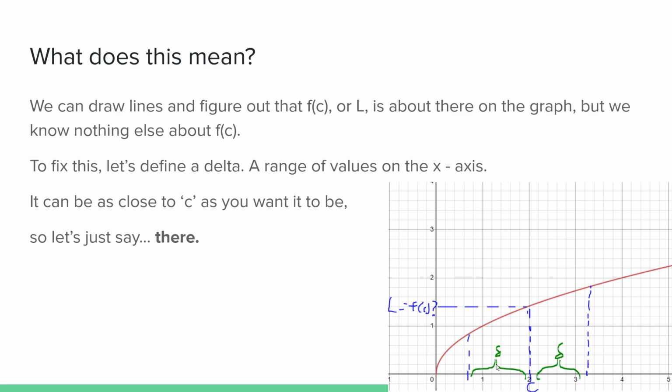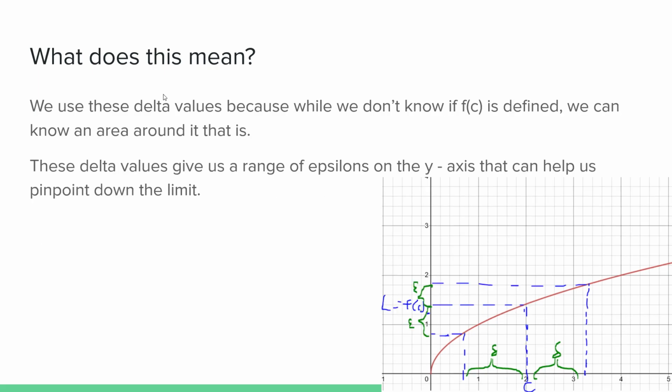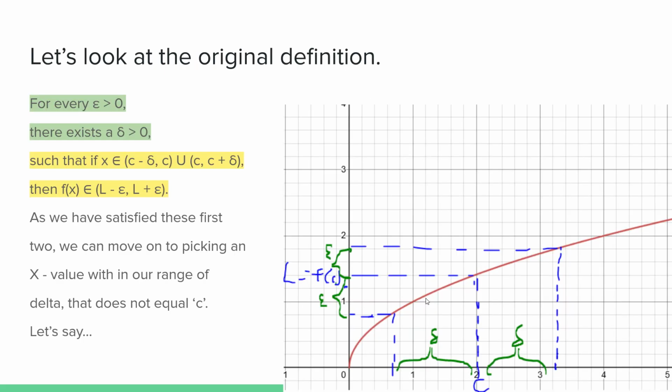So this will be our range of values, and now these delta values give us a range of epsilons on the y-axis that can help us pinpoint where the limit is, because remember in our equation we said that for every epsilon greater than 0, which is just this distance, there exists a delta greater than 0. We already have these parts of the equation. Now all we need to do is prove these last two parts.